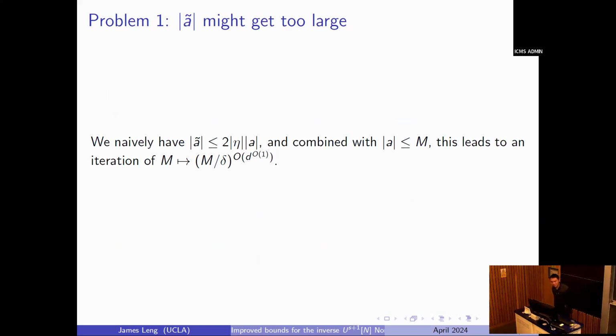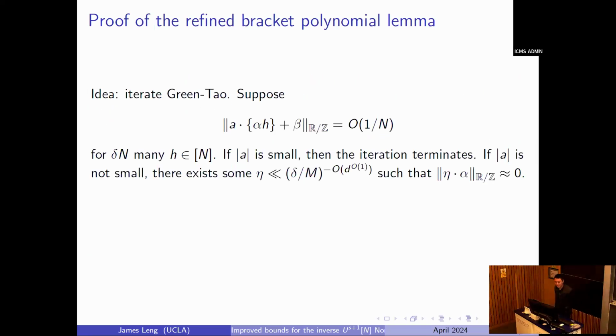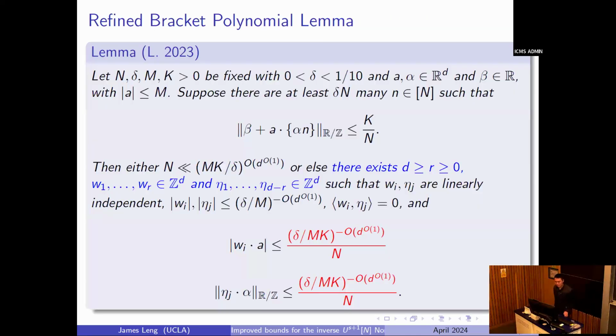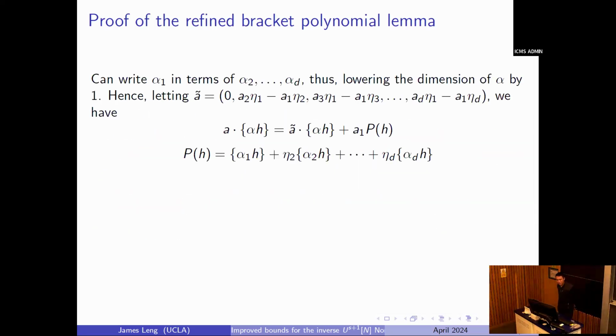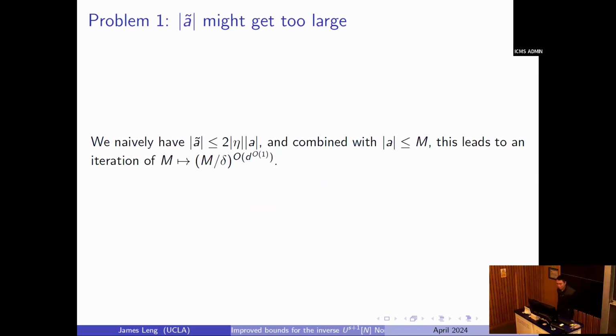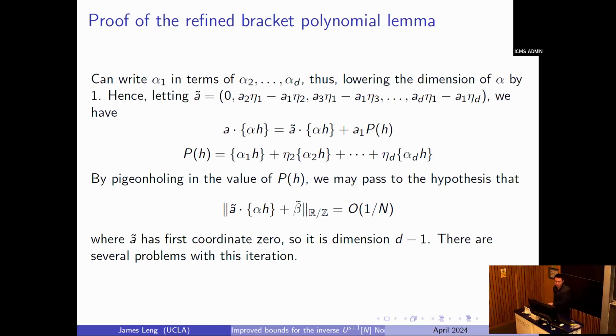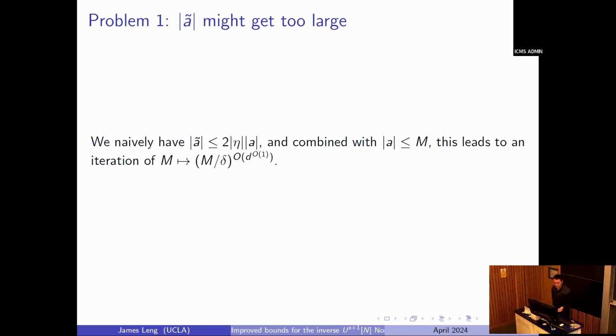So the first problem with this is that the size of A tilde might blow up. Recall that I have this parameter M, and I assume that each component of A is bounded above by N. Now if you construct an A tilde from this, you have a trivial upper bound of 2 times the L infinity bound of eta times the L infinity bound of A. And the L infinity bound of eta is bounded by M over delta to some power.